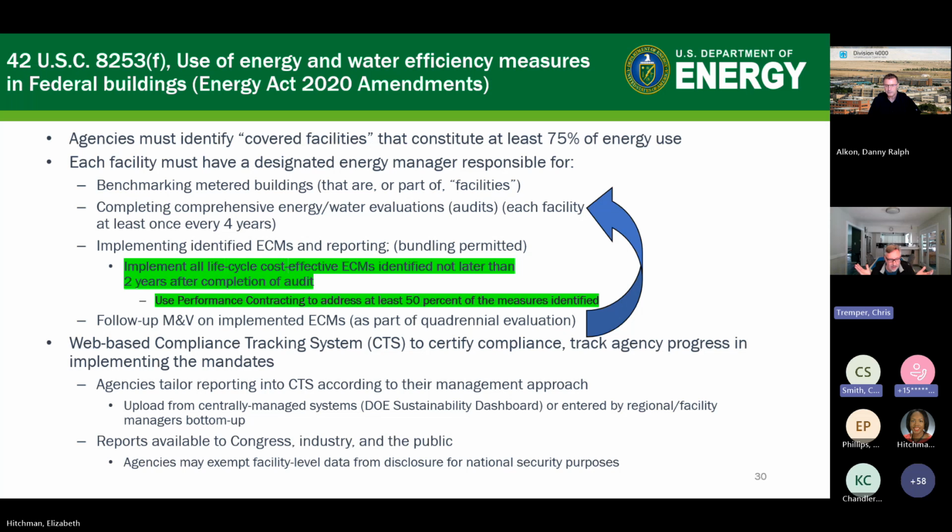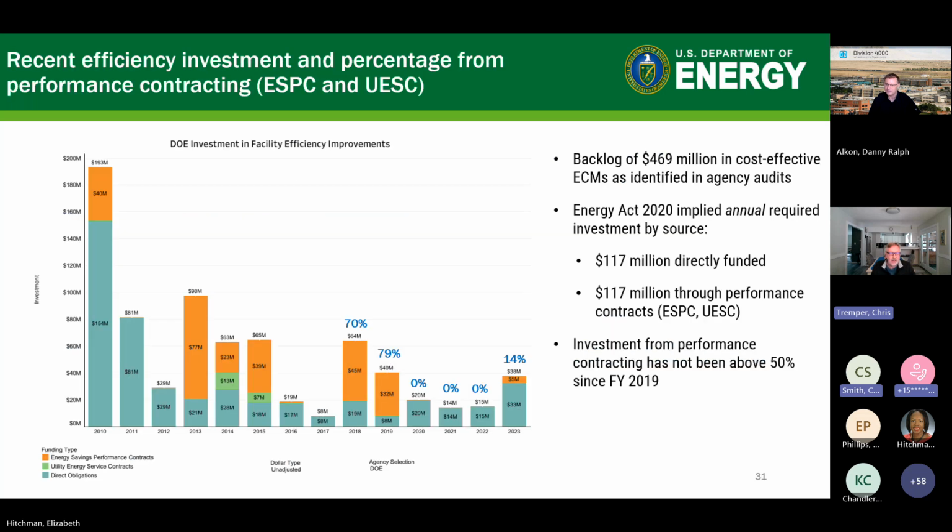Now, the only way to track compliance with this is for agencies to report on the projects that they are implementing in CTS. If we go to the next slide, I'll give you a little overview. Now, this data of DOE investment through the years shows the efficiency investment that was reported to us in the annual report to Congress. And you can see the level of investment through the years.